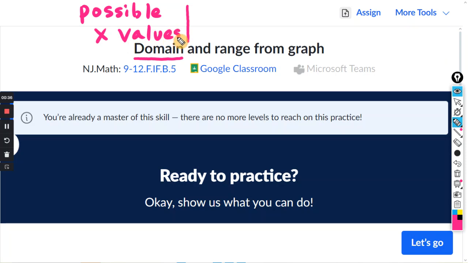All right, and then for the range, that is going to be the possible y values. All right, so that's what we mean by domain and range.